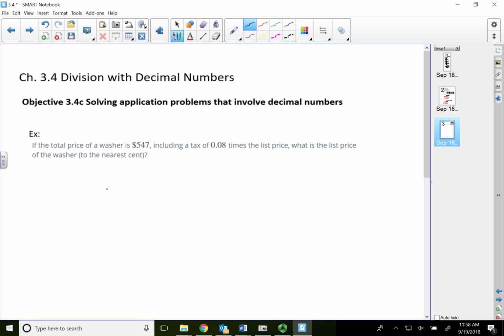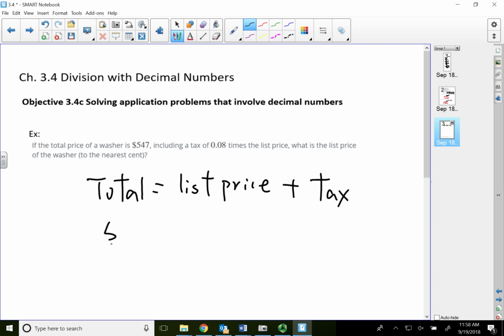So the total price is basically saying the list price plus the tax. So the total price now is $547. The list price, I don't know. But remember the amount of tax actually comes from 0.08 times the list price, right? Which is I don't know.